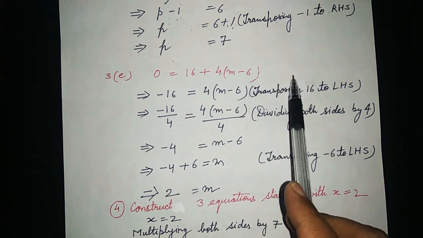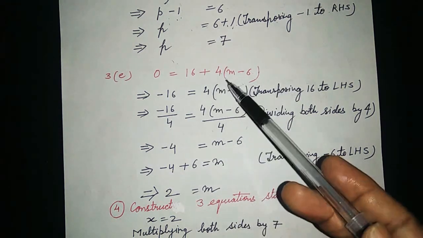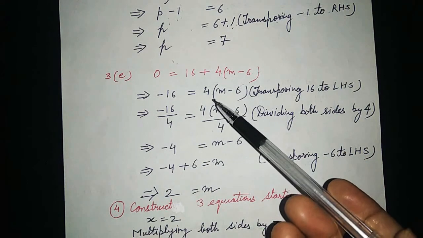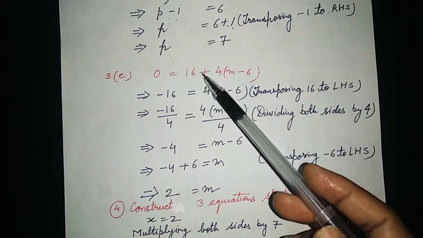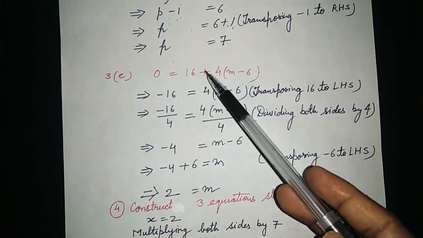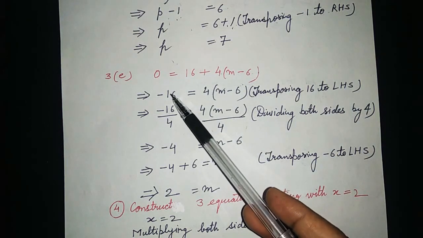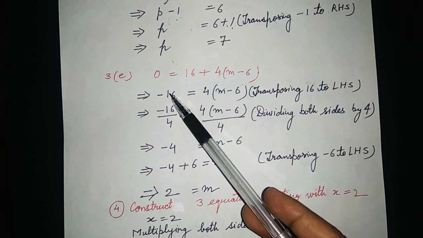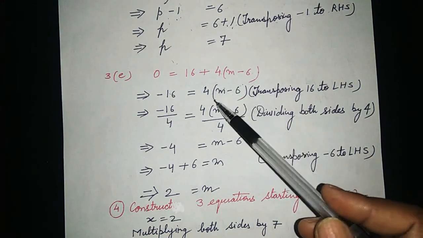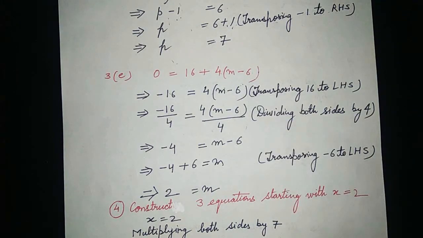There is no problem, you only have to do it using the general method. Here plus 16 you will transpose from right hand side to left hand side because it's a constant, and on the right hand side 4 into (m minus 6) is coming.